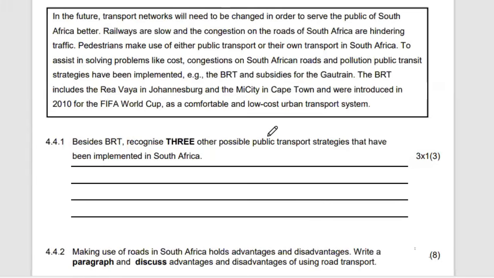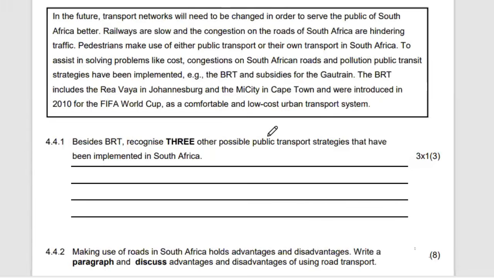For example, the BRT and subsidies for the Huguenot train. The BRT includes Rea Vaya in Joburg and MyCiTi in Cape Town, and were introduced in 2010 for the FIFA World Cup as a comfortable and low-cost urban transport system.